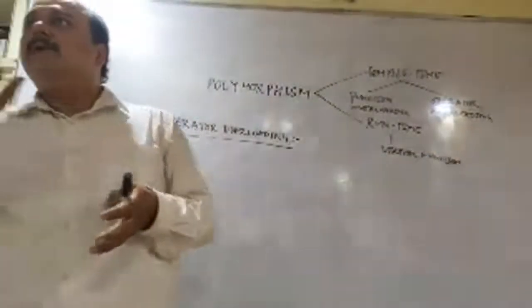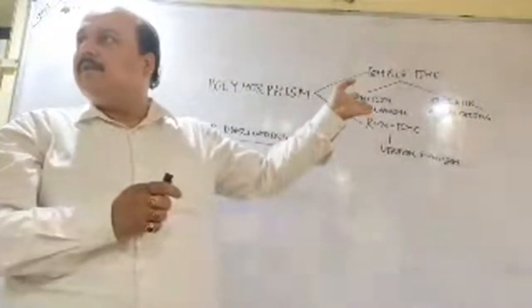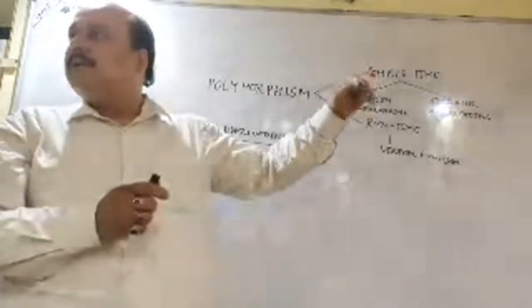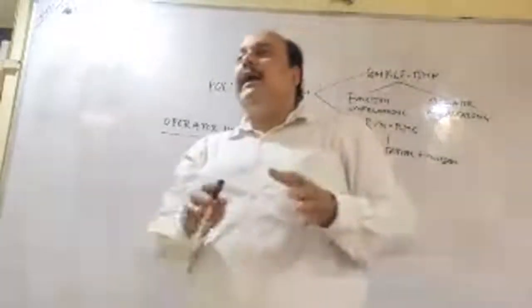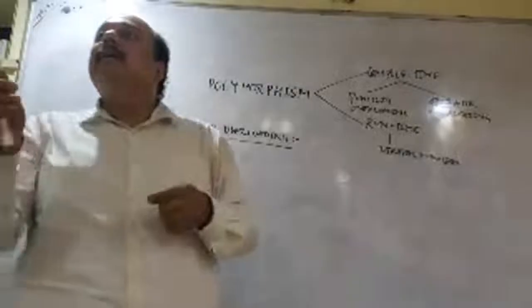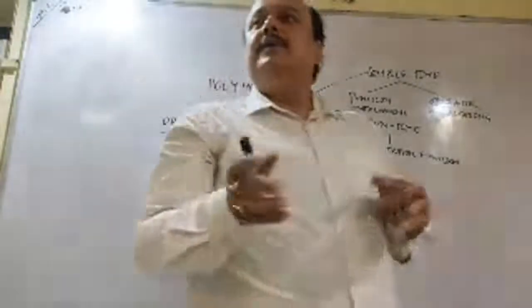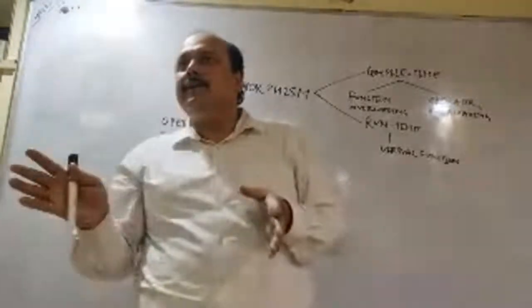Yes, sir. Once we replace function overloading with a template, we have a solution in the form of a template parameter, which is used to handle any type of data inside the program, not in a function only, in a class also. In a class also we can use a class data member as a template data member, a template parameter.